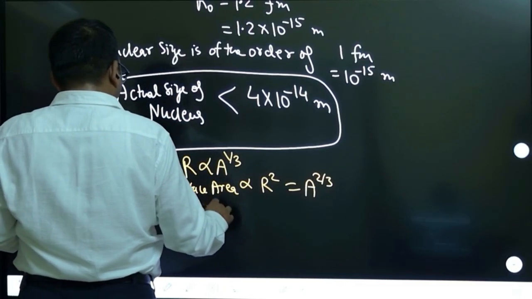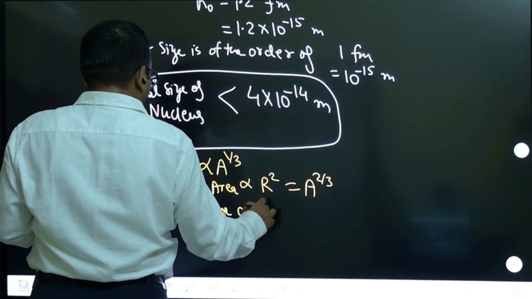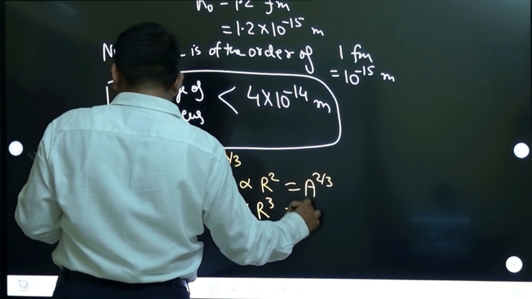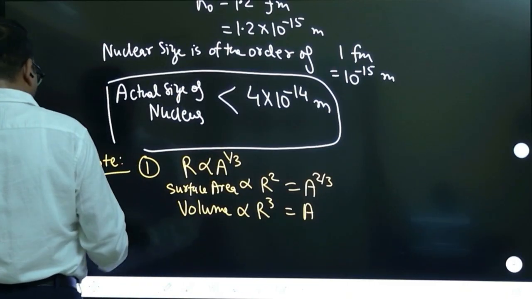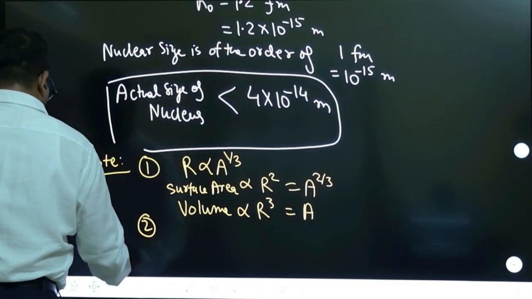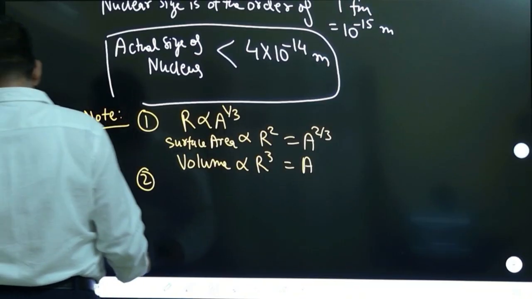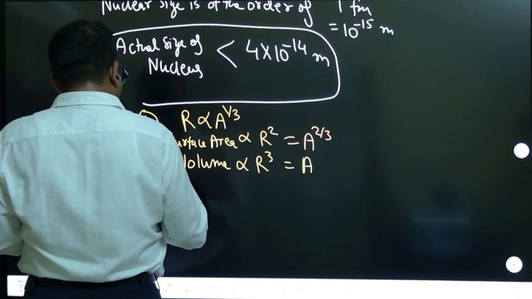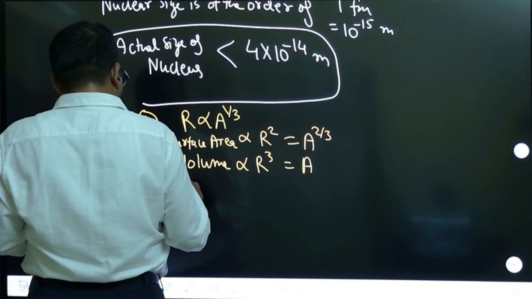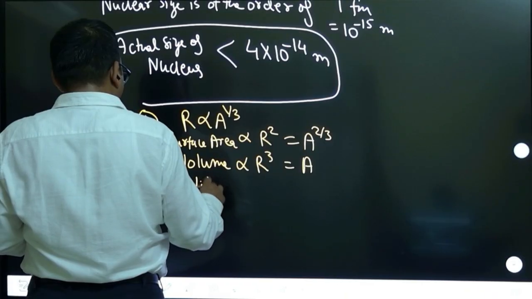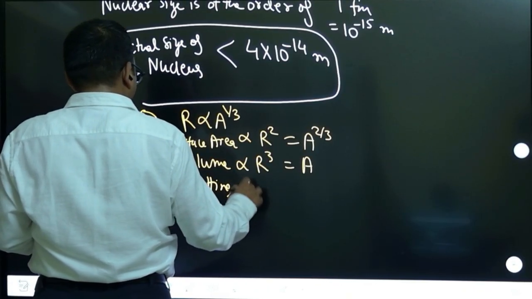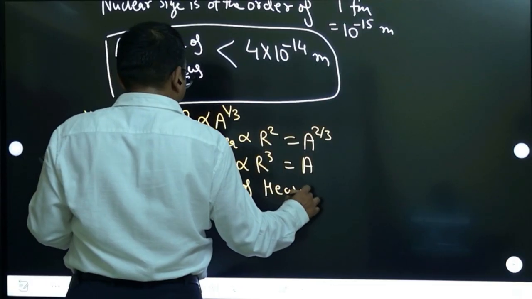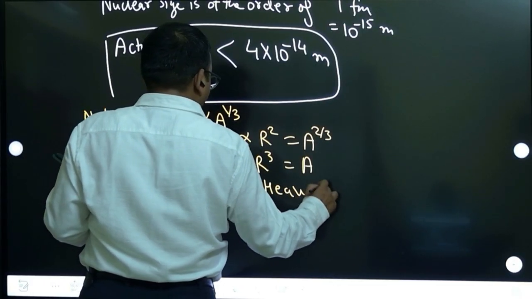And volume is proportional to r cube, that becomes A. Okay. Second point to note here is, suppose splitting happens, splitting of a heavy nucleus.